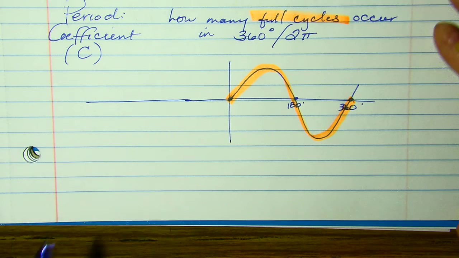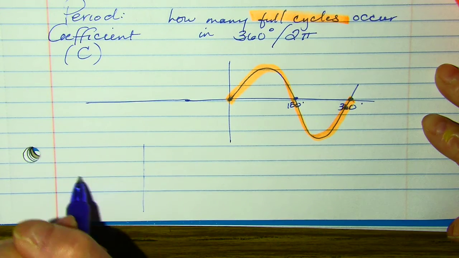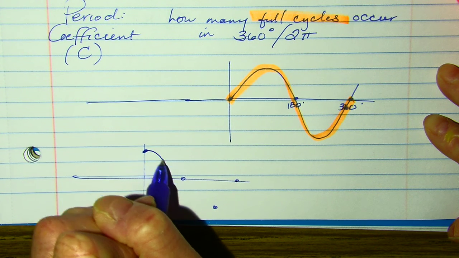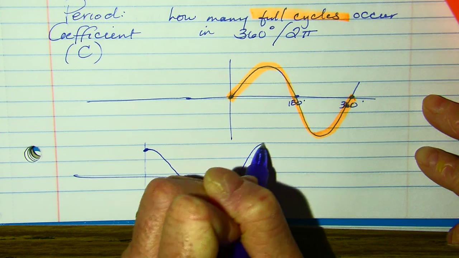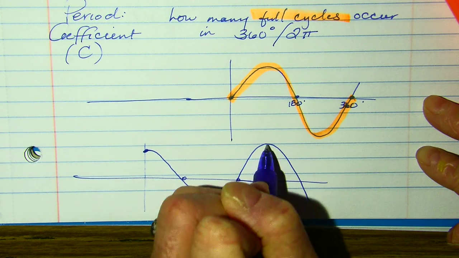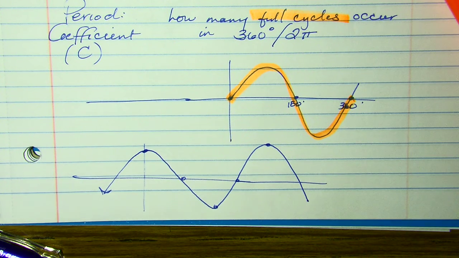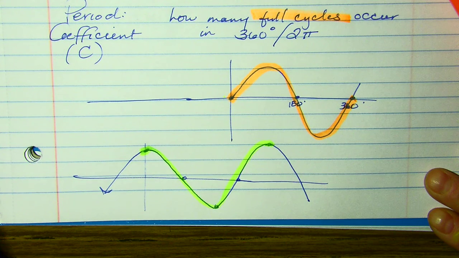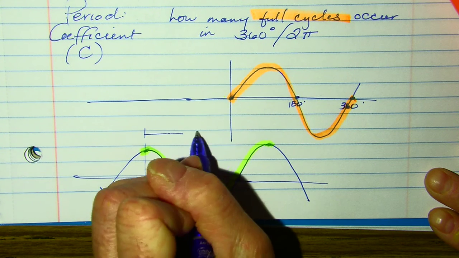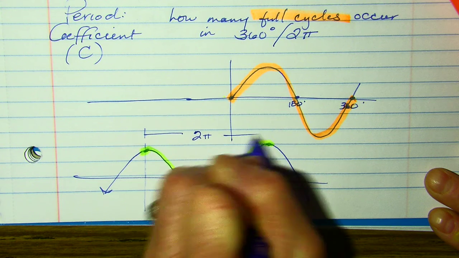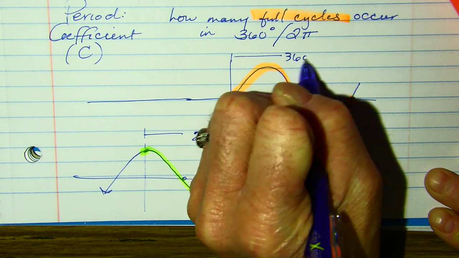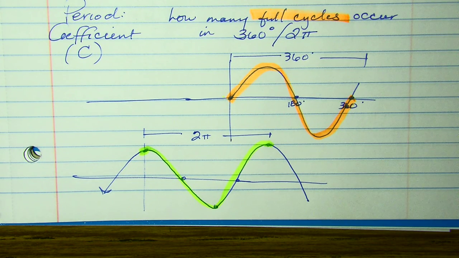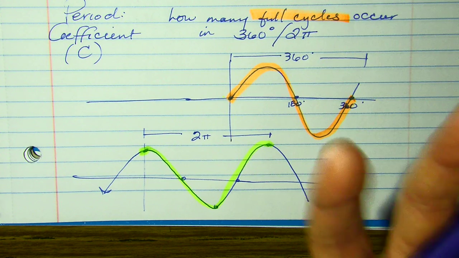Now for cosine, you can go from center line to center line or peak to peak. But either way, a full cycle should be either 2 pi or 360 degrees. This coefficient will be how many cycles occurred in 360 or in 2 pi radians.